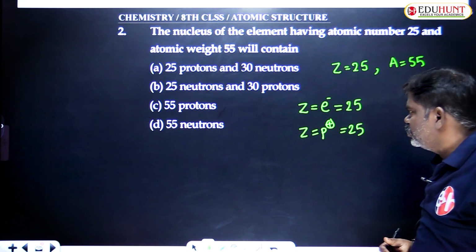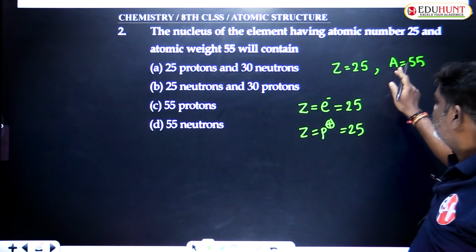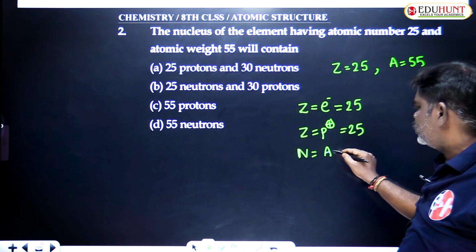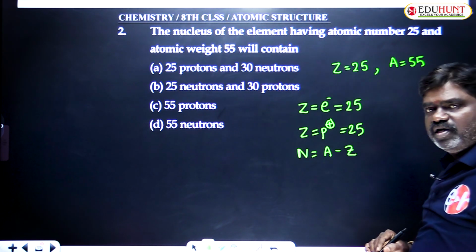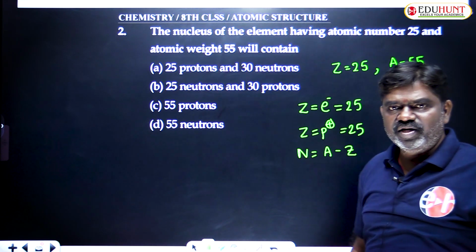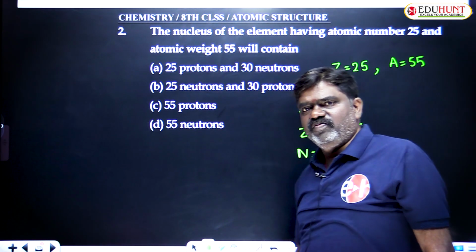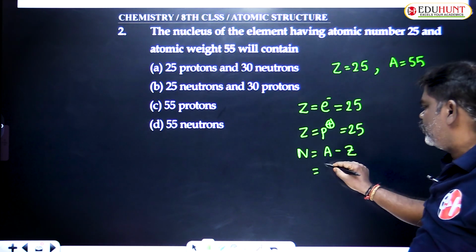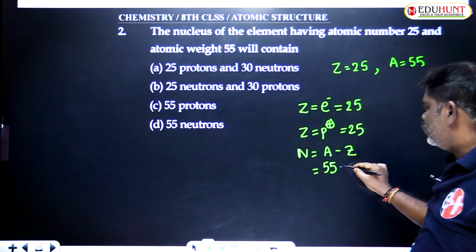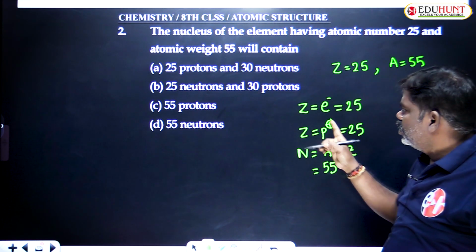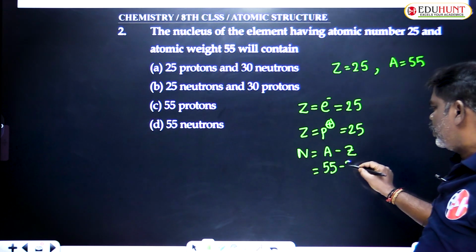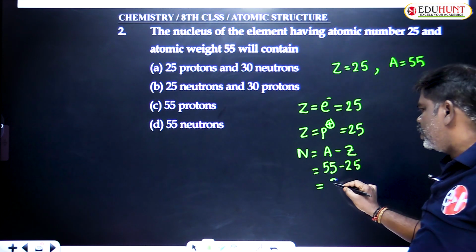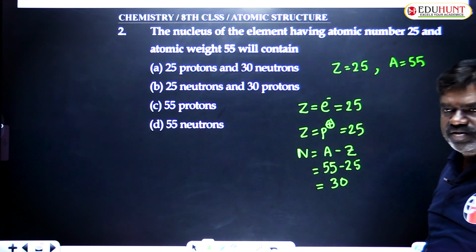So protons are 25, but the number of neutrons N is equal to A minus Z. This is the formula: number of neutrons equals mass number minus atomic number. Here what is the mass number? 55, that is the atomic weight, minus the atomic number 25. So 55 minus 25, 30 neutrons are present.